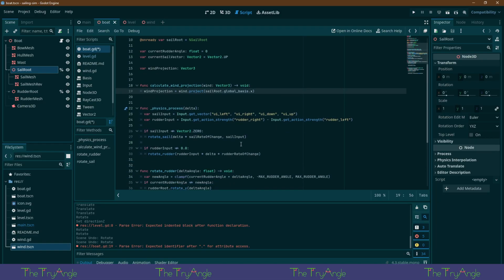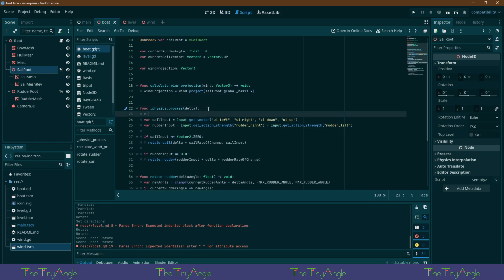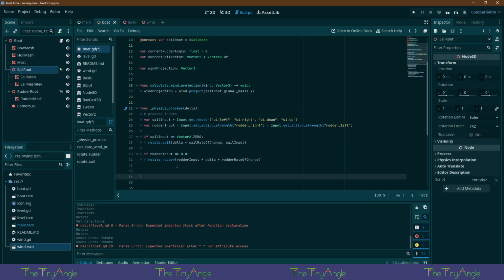And then, let's see. I should do this in a different little area here. Input processing.